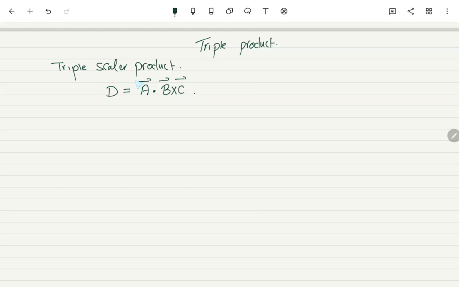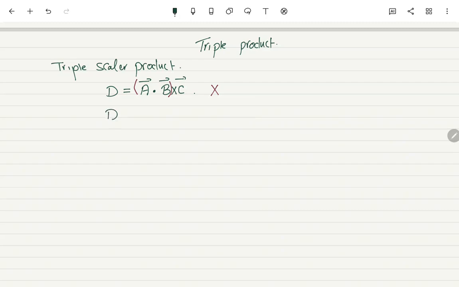But if we, for instance, include parentheses here, it has no meaning whatsoever, because A dot B is a scalar quantity, and a scalar cannot be cross product with a vector, so you cannot do this.